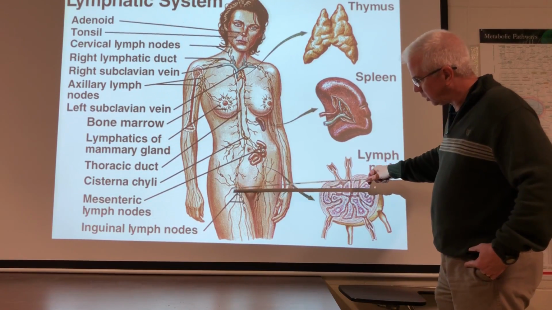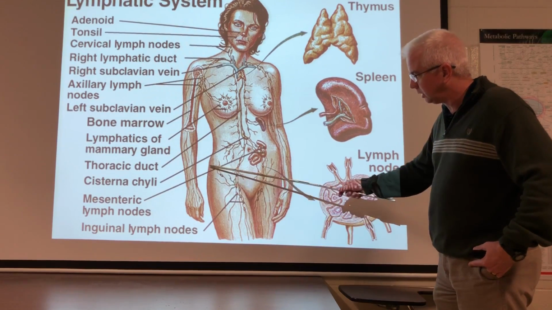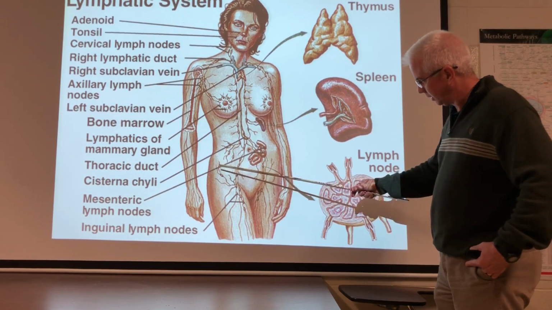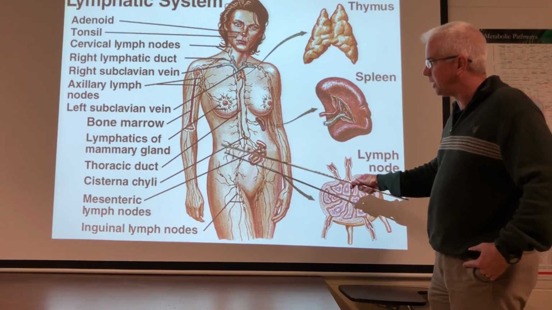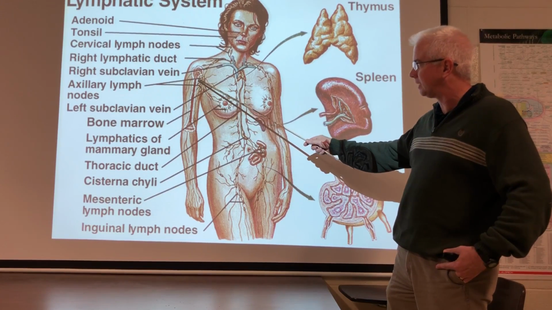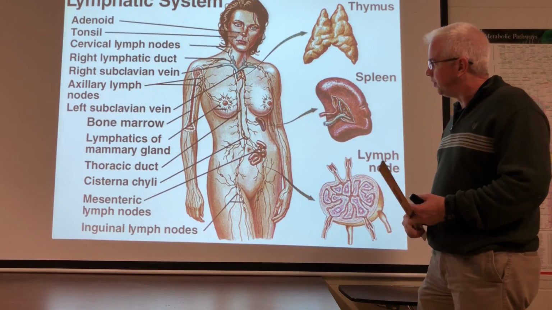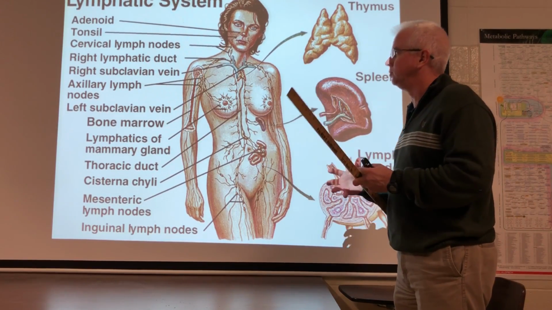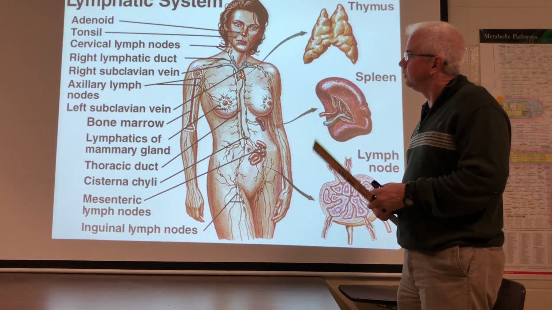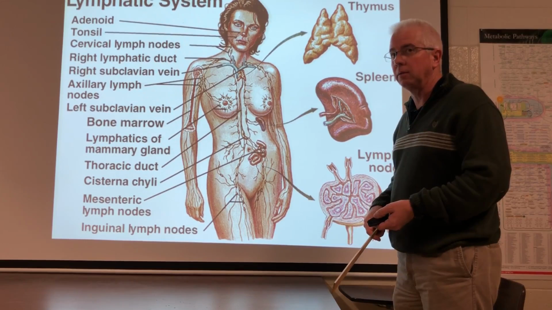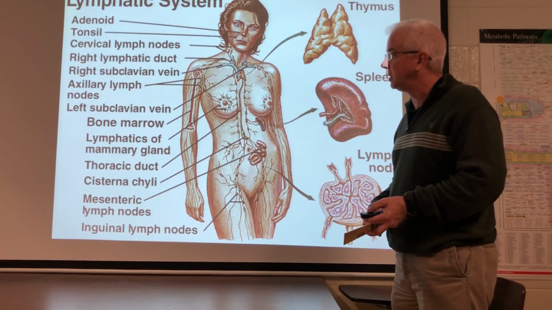There are lymph nodes along the inguinal regions here, very near that inguinal ligament, passing from the anterior superior iliac spine over to the pubic bone. So inguinal nodes can be palpated, supratrochlear nodes can be palpated, axillary nodes can be palpated, cervical nodes can be palpated. So there are clusters of lymphatic nodules located all over you that are responsible for helping the body deal with the material that the lymphatic capillaries pick up.